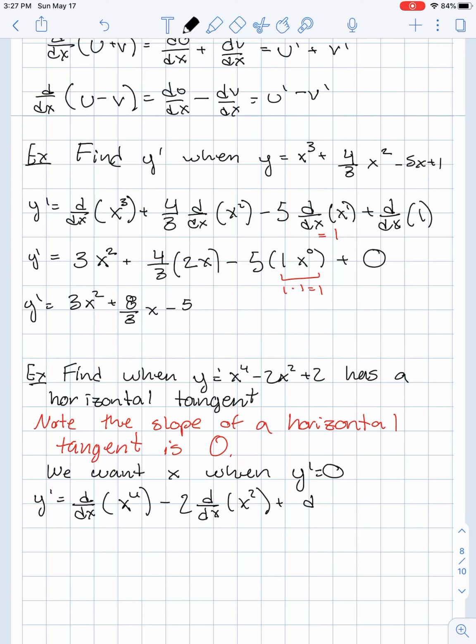We will also sometimes write it with f and g of x. So if I have f times g, the derivative is going to equal f prime g plus g prime f. All right, let's do an example.